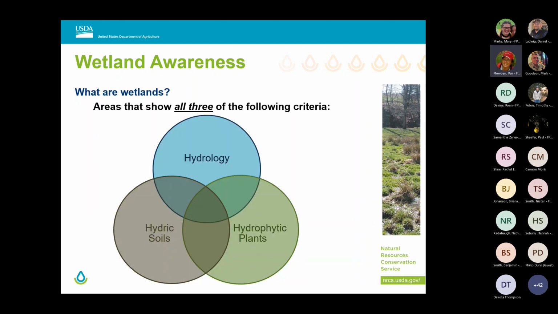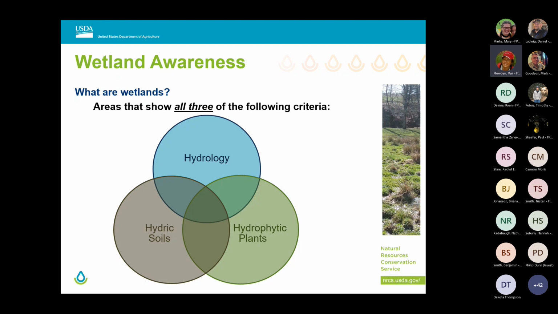If you see something like that, it should raise a flag for you. Okay, so what are wetlands? So the areas that need to show all 3 of the following. So you have to have wetland hydrology. So you have to have a source of water, and there's all kinds of regulatory definitions. Hydrology during the growing season, during the wettest part of the growing season, you have hydrology.